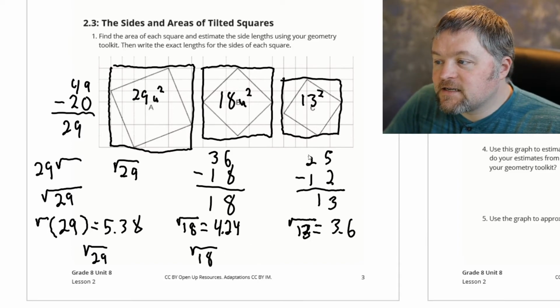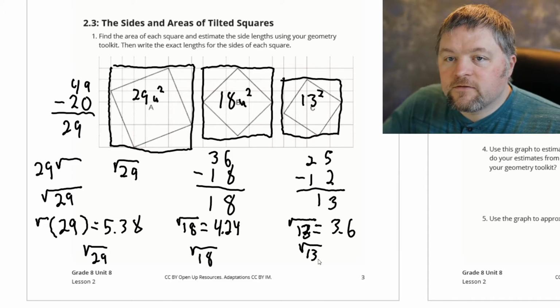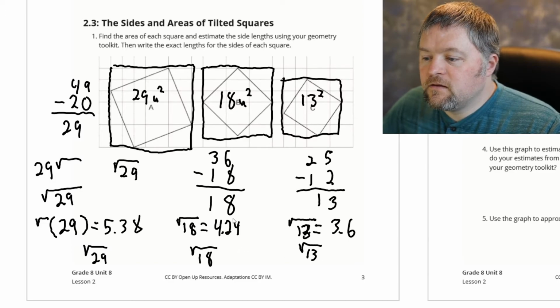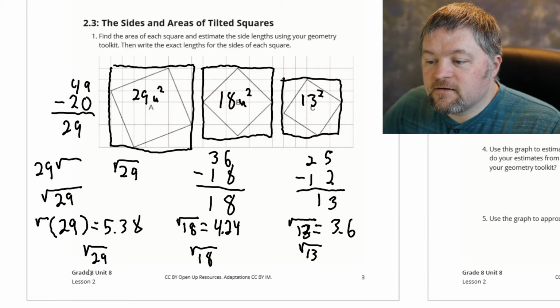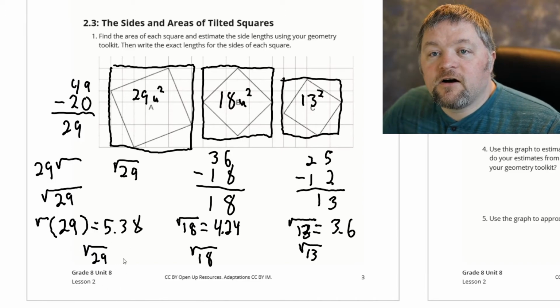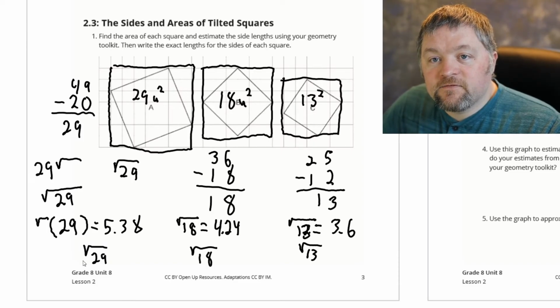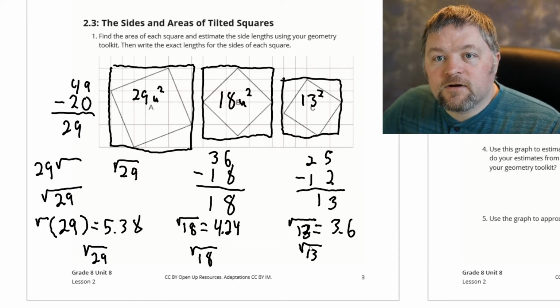And the exact side length of this square is the square root of 13. This is one of those situations where you get to do what I call being lazy, and instead of calculating it, you can leave this length as the square root of 29, the square root of 18, the square root of 13.